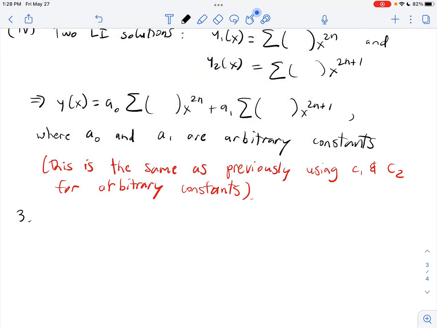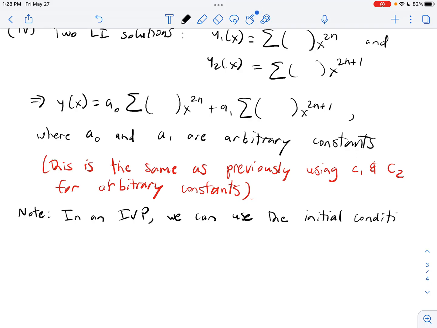Step 3. Oh, actually, at this point I should note, in an IVP, so in an initial value problem, we can use the initial conditions to determine a naught and a1.